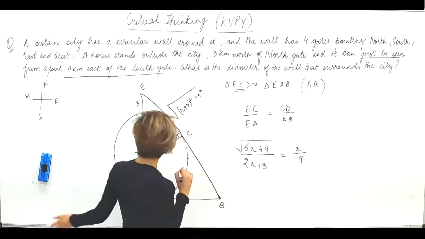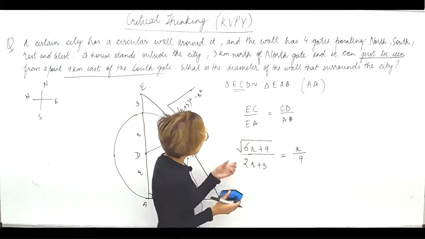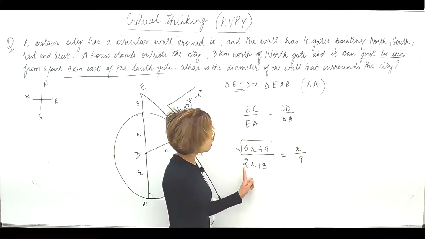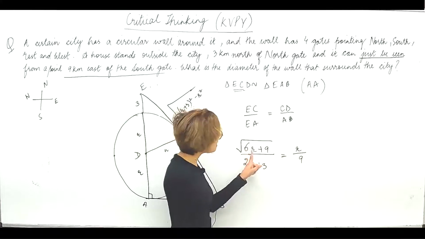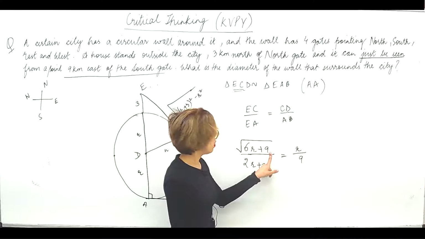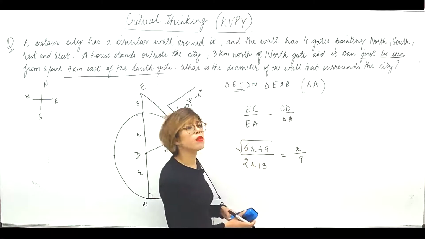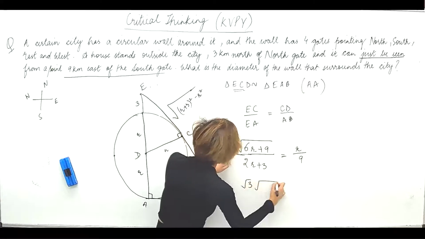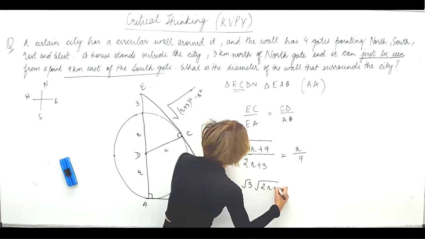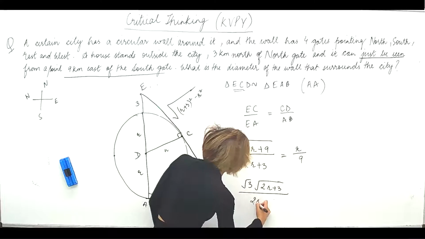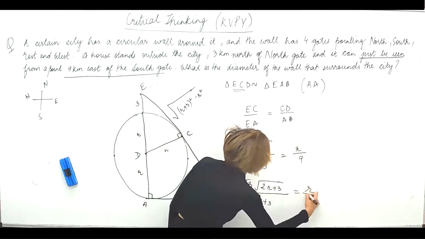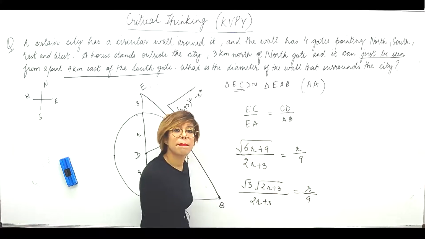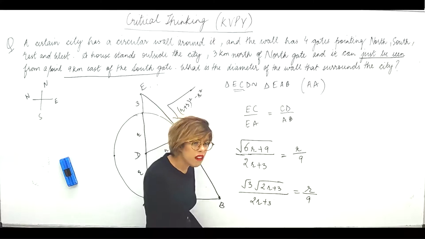Right? Okay. Now, what else we can do? Now, if you look carefully, here I have 2R plus 3. Here I have 6R plus 9. If I take root 3 common from here, I'll be left with root of 2R plus 3. Isn't it kind of better?